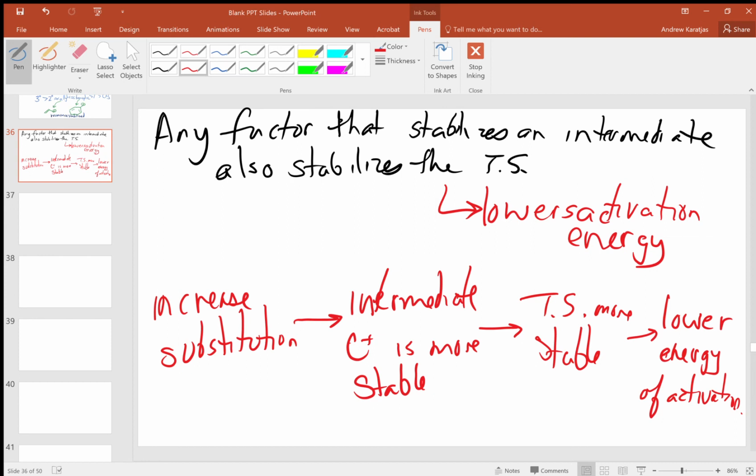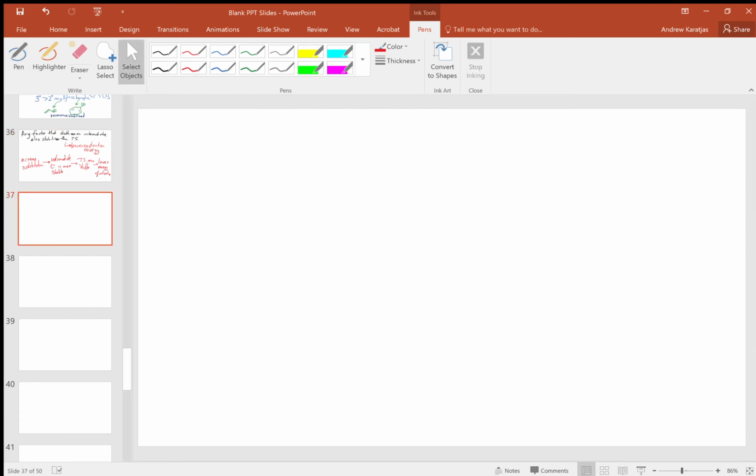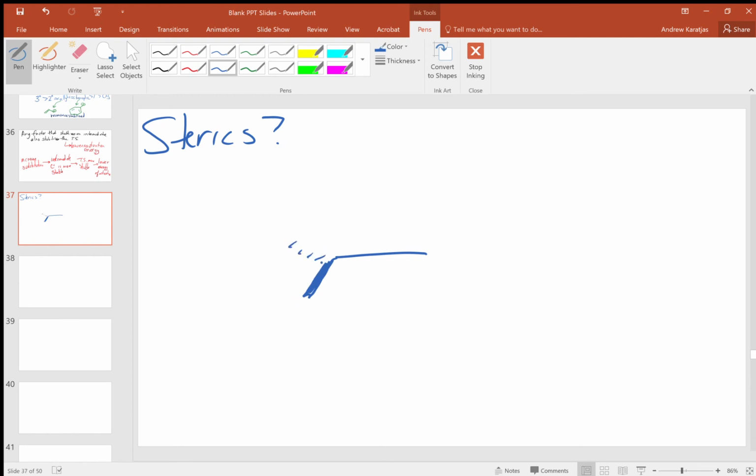Now, what about the sterics? So we can see now that increasing the substitution definitely helps in an SN1 reaction. But what about the sterics? Because for an SN2 reaction, more substitution meant that the electrophile was blocked from the nucleophile attacking. Well, a carbocation, we could draw it a couple different ways.